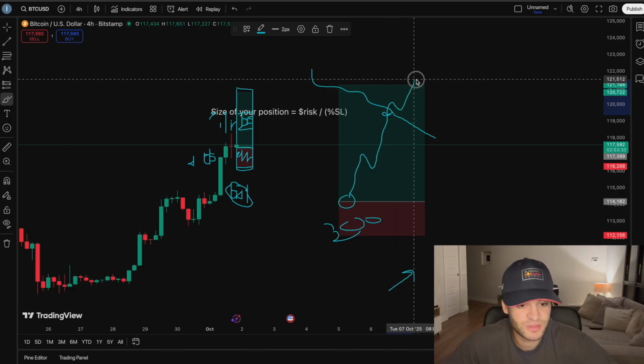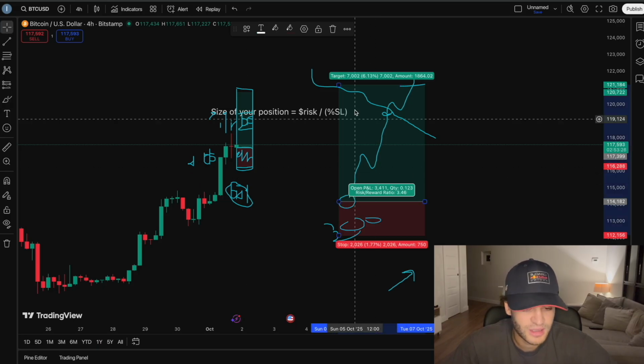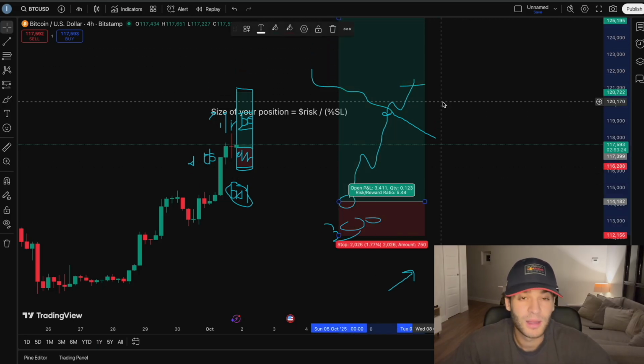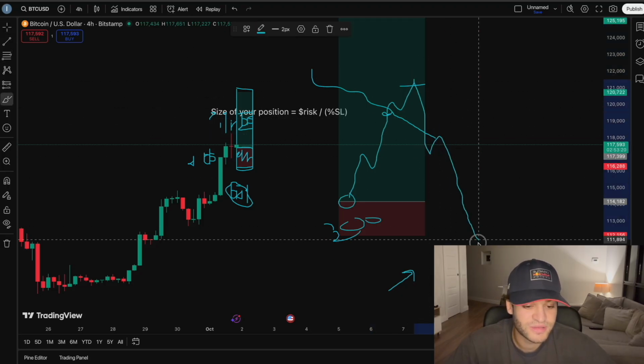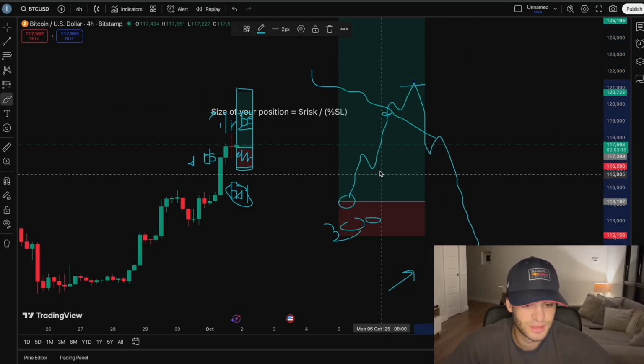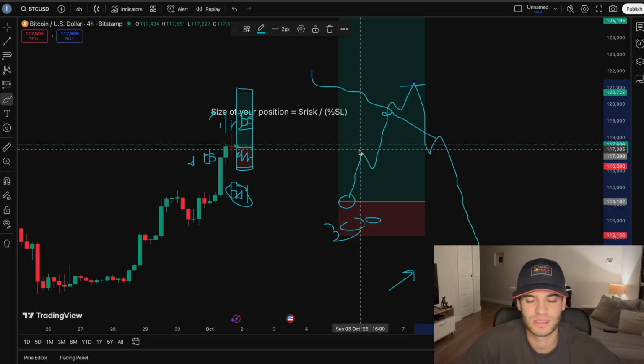They get so greedy because they want their full take profit, or sometimes they even move their take profit up, and then they end up making $0 out of this, or even taking a loss because they were too greedy to ever take profit. So part of my advanced course will also include when to take profit, when to move your stop losses up, and things like this, which makes sure that you do take profits during your position and you actually end up with profit and not with a loss.